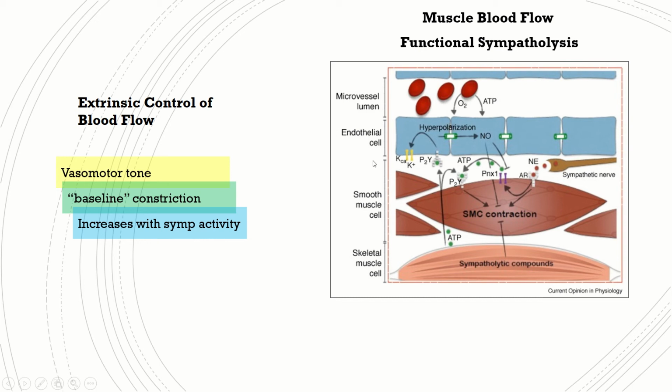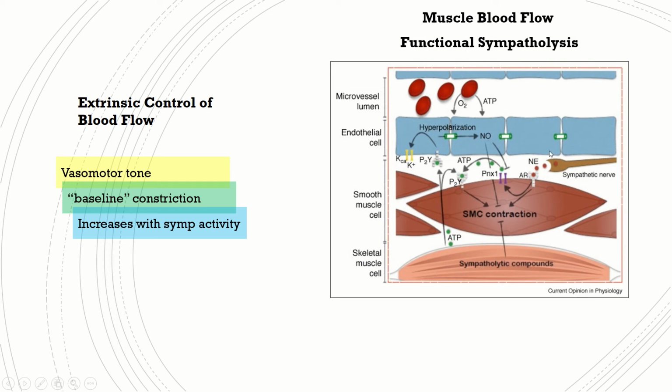But what is going on here that I want to highlight is that as the sympathetic nervous system is trying to activate constriction of the smooth muscle, we have nitric oxide, EDHF, and all of those vasodilators that are coming to block the impacts of the sympathetic nervous system.